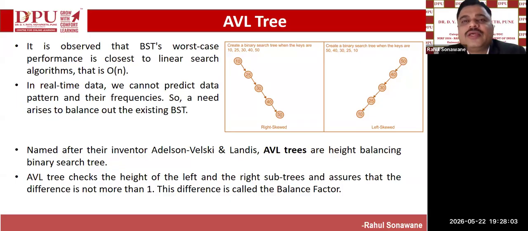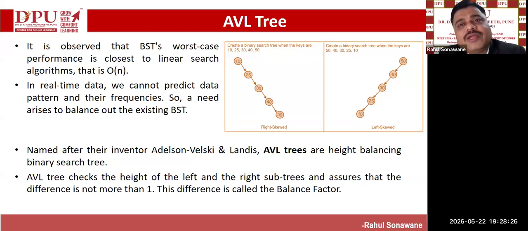Again, there were some issues with the binary tree, like where to keep which value, or how to organize the data. At every node we have to ask whether to put the next value on the left side or right side, right? So that was the issue in the binary tree.